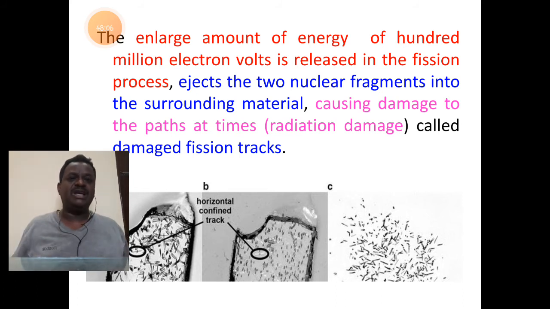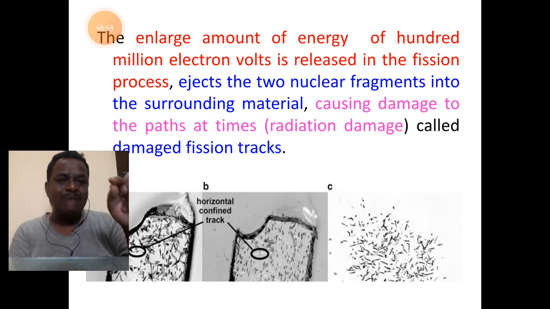This may sometimes damage the neighboring tracks also. Suppose I have tracks A, B, C, D, E, etc. Track A may be interfered with by the track molecules of B, or sometimes C, sometimes D, etc. So there is damage caused to the path of the tracks, and this is called damaged fission tracks.